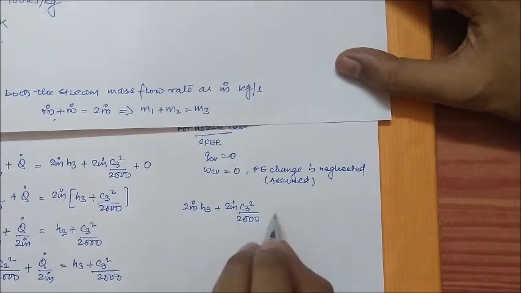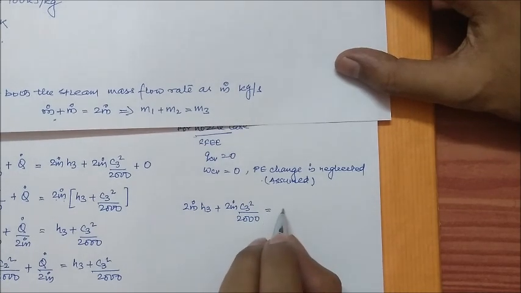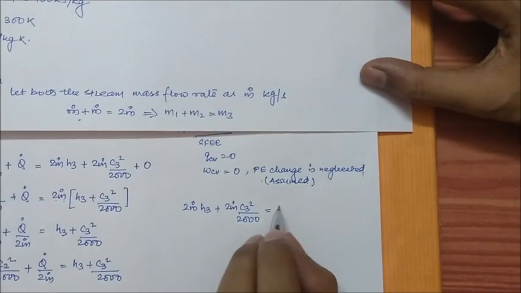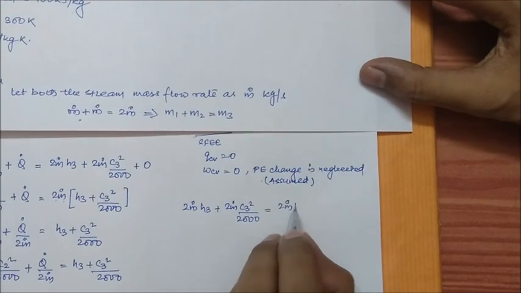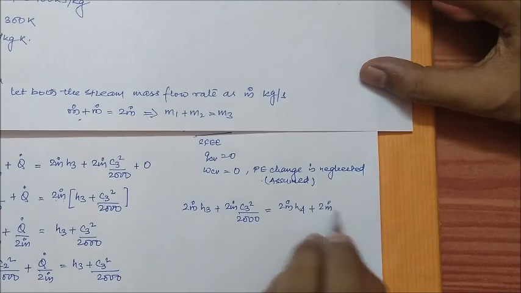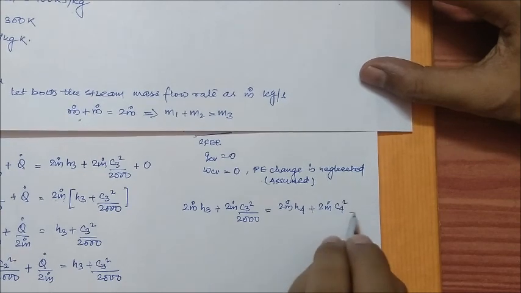Everything else is nullified, and on the right hand side of the nozzle it will be 2 m dot H4 plus 2 m dot C4 square by 2000.